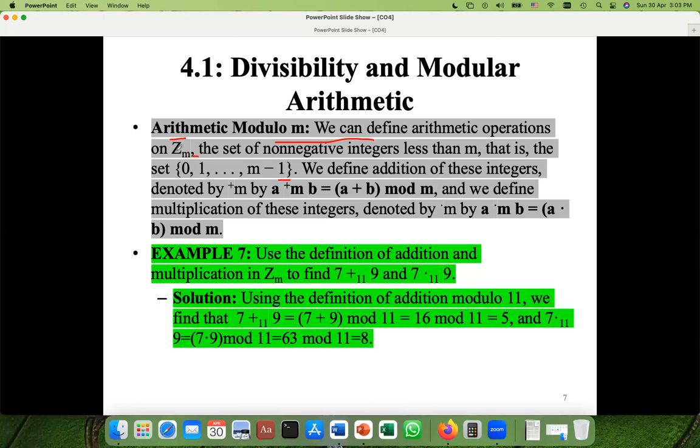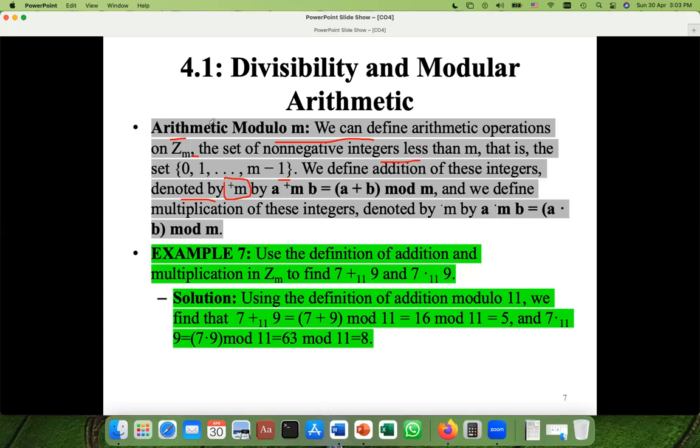If you have this set Zm, then you can define two operations on it. One is called addition, the other is called multiplication. For addition, you can represent that addition with this symbol, plus m. Plus m.